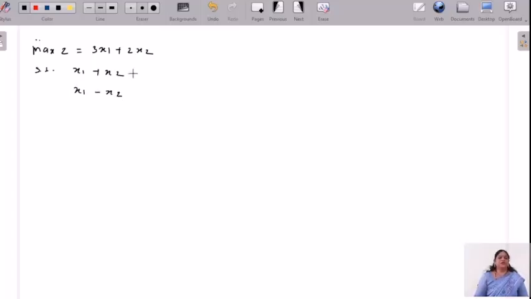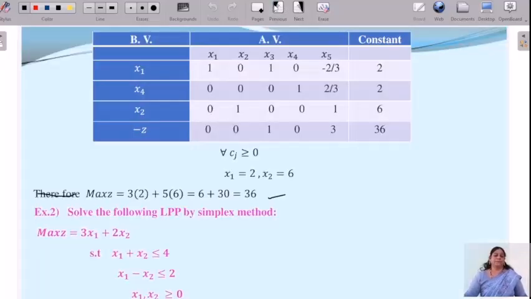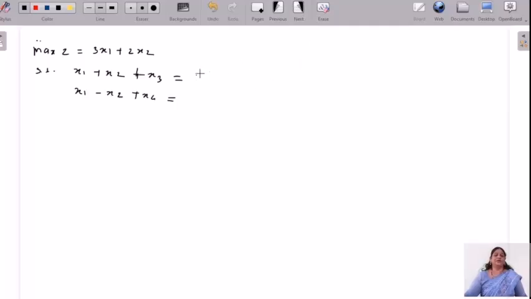Both the constraints are of less than or equal to type, therefore use slack variables x3 and x4. The right hand side constants are 4 and 2. All xi are greater than or equal to 0, i is from 1 to 4. This is our standard form of the given LPP.